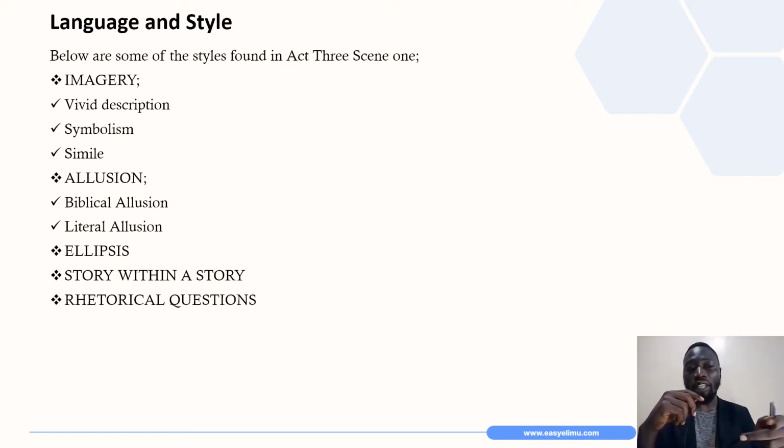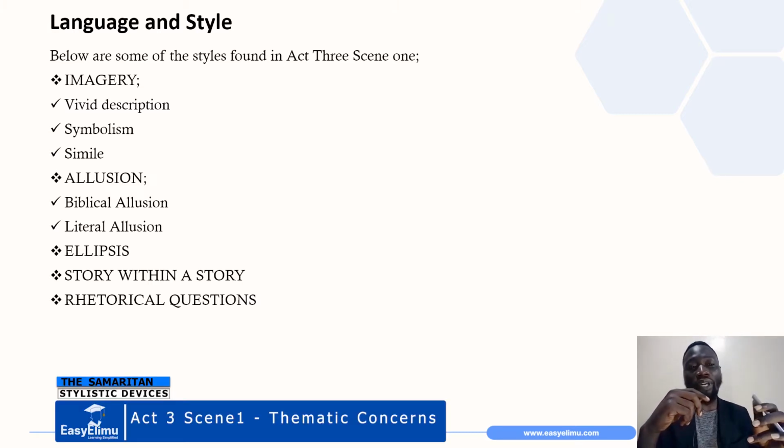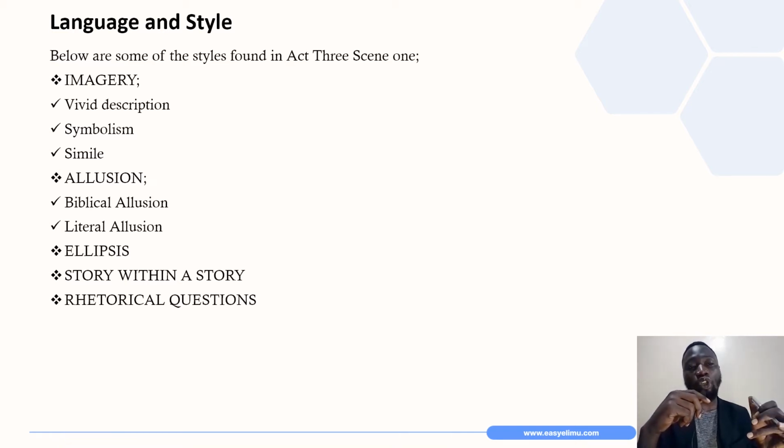So I just want to mention them very fast before looking at examples under each. Under imagery, we are going to look at vivid description, symbolism, and simile. We also have allusion, where we will look at two types: biblical allusion, and literal, or literary, allusion.